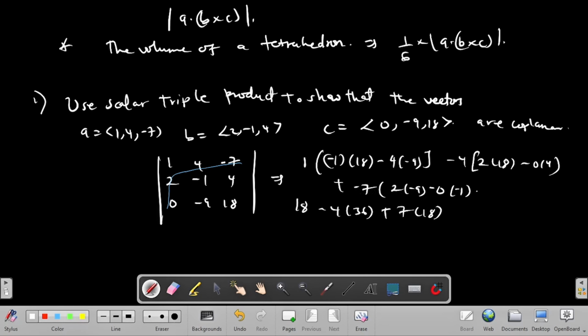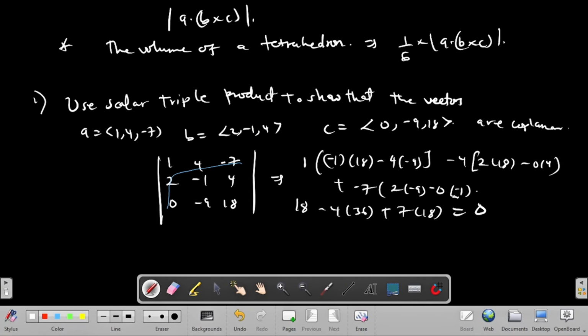Then you punch this into the calculator and what are you getting? 18, minus 4 times 36, plus 7 times 18, and that is 0. So the answer I have here is equal to 0. Once it's equal to 0, we can confirm that indeed they are coplanar. As simple as that.